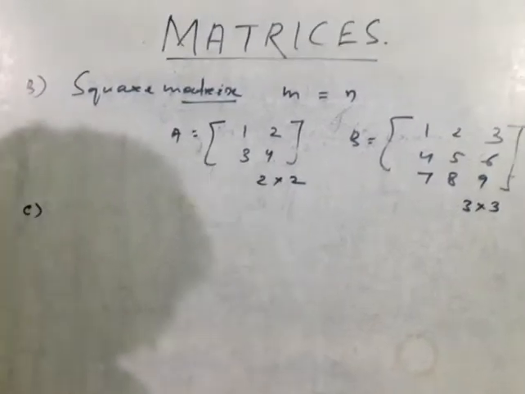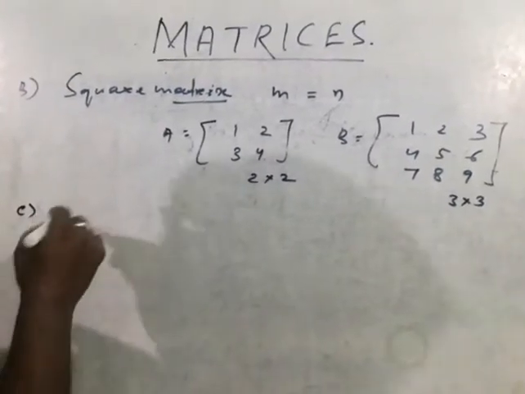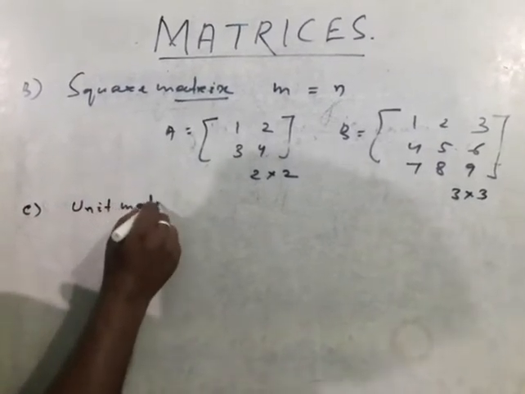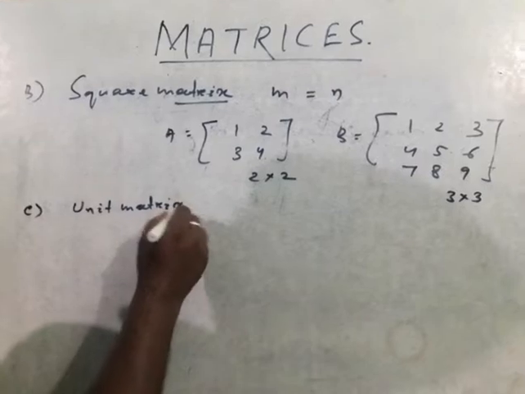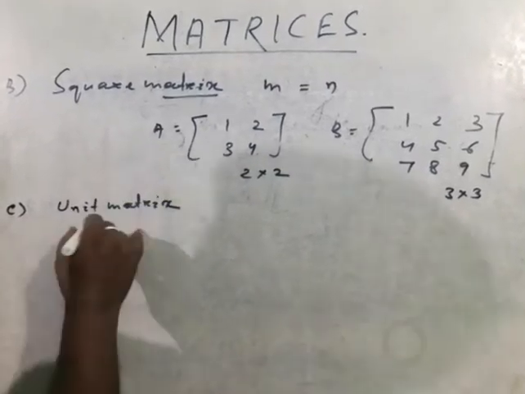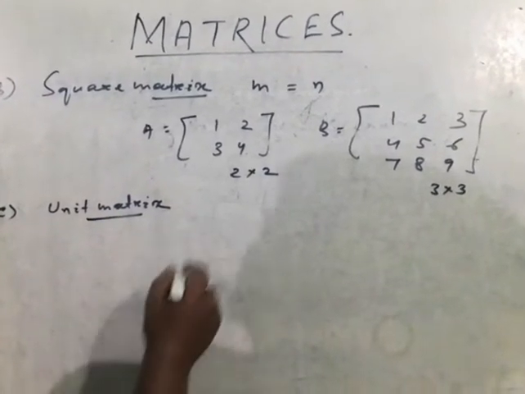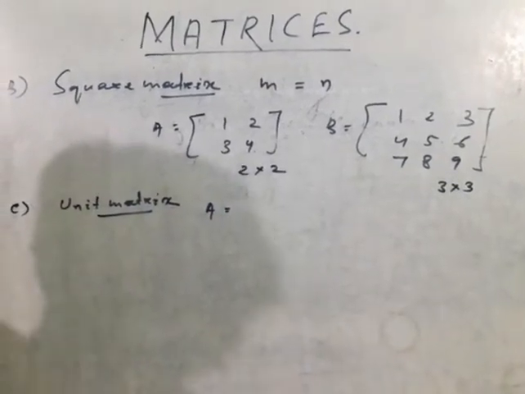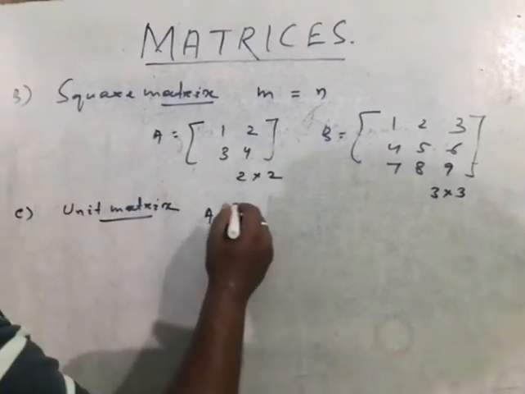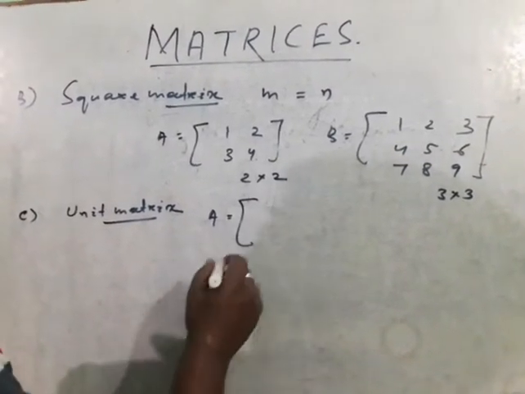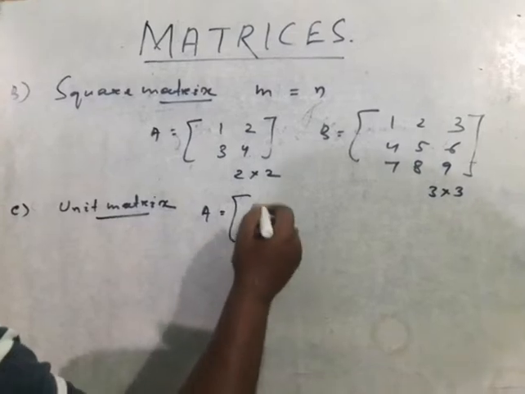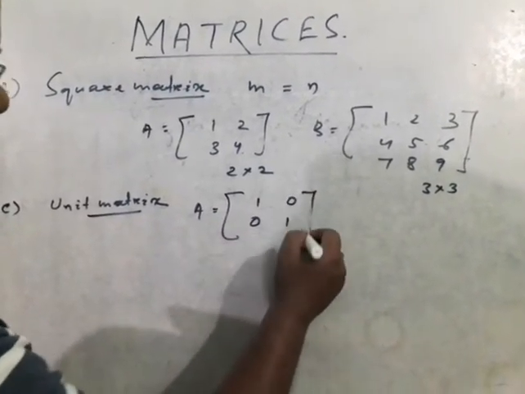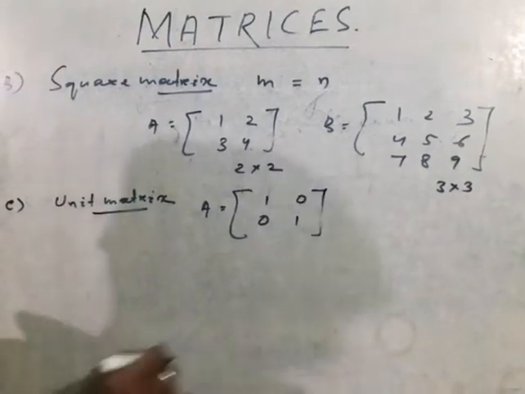Third one is the unit matrix. This is a sort of square matrix where the components on the diagonal are 1.